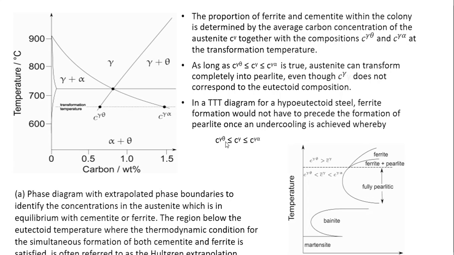But if the condition C gamma theta is less than or equal to C gamma, which is less than or equal to C gamma alpha, is met, then it is possible to form 100% perlite in the microstructure. So this, again, is a TTT curve for a hypoeutectoid steel.